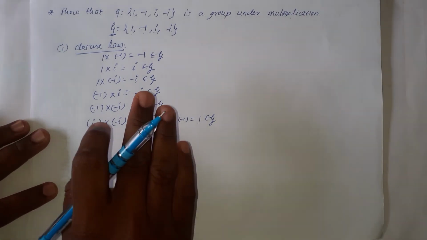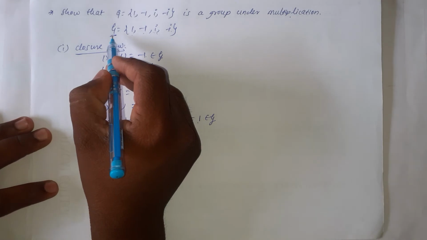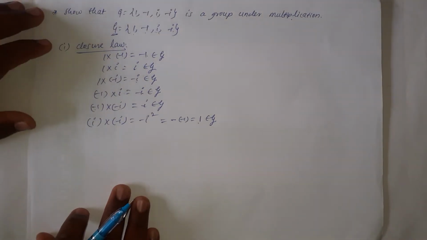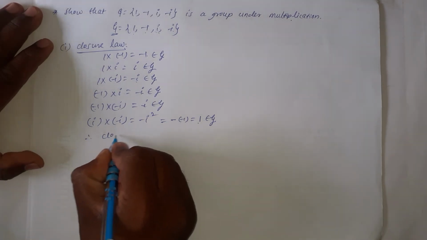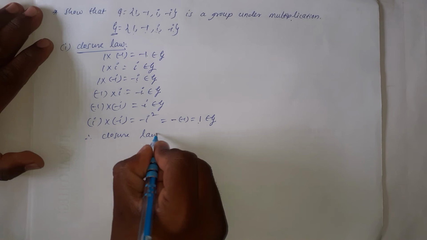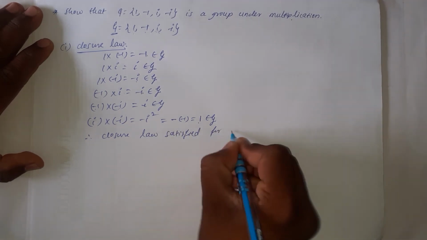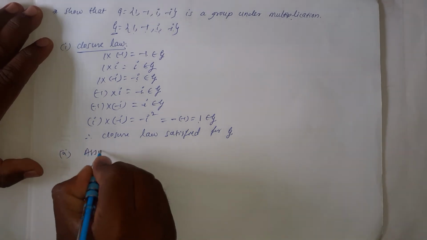Since all the product elements belong to the given set G, closure law is satisfied for G. Then the second one is associative law.